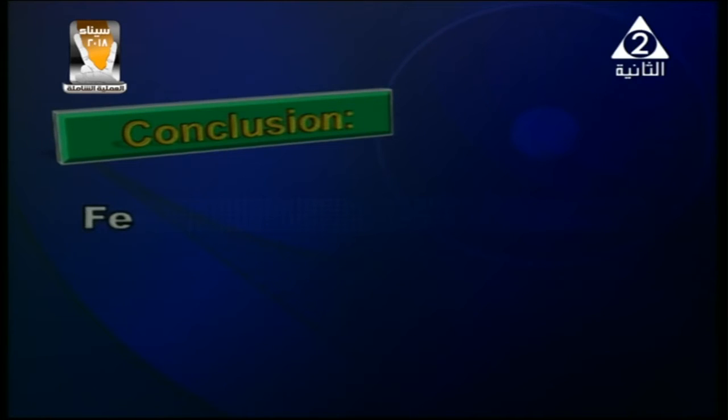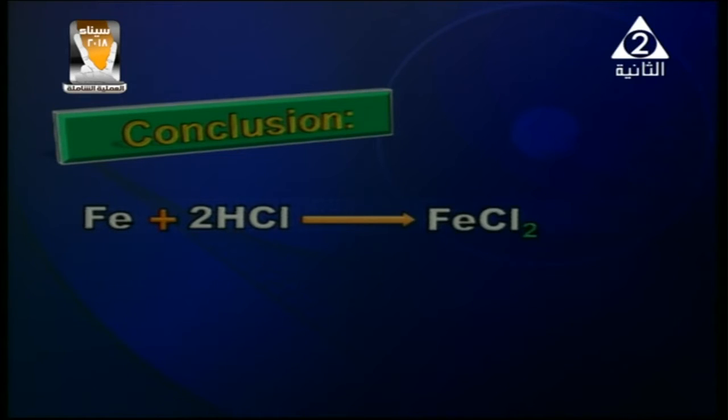At the same time here, when Fe is added to 2HCl hydrochloric acid, you have FeCl2, iron 2 chloride. At the same time, you have what? Hydrogen gas will be evolved. This is reaction number one. What about the other?